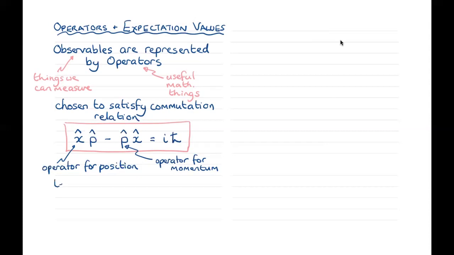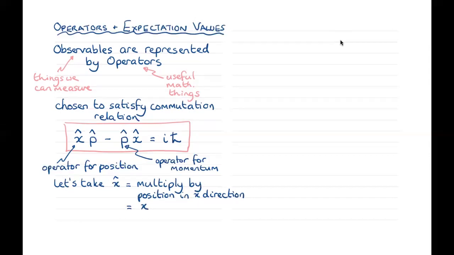Well, one way that we can do it is to choose the operator for x to be just the operation of multiplying by position in the x direction. We'll just write that as multiplying by x. That's a sensible choice for an operator corresponding to position.